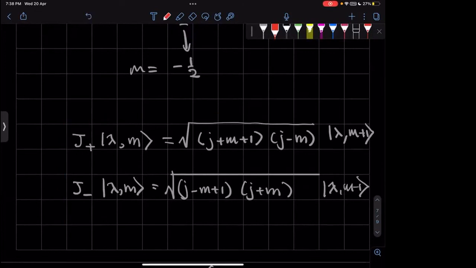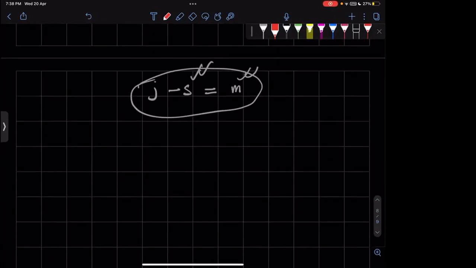Although we have found the highest value of m, we haven't yet found the lowest value of m. Okay. So we know that when m takes the lowest value, if we apply J minus on it, so the lowest value of m is, say, j prime, we should get 0.